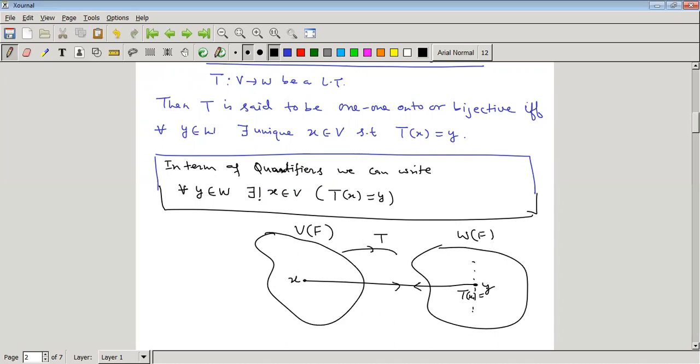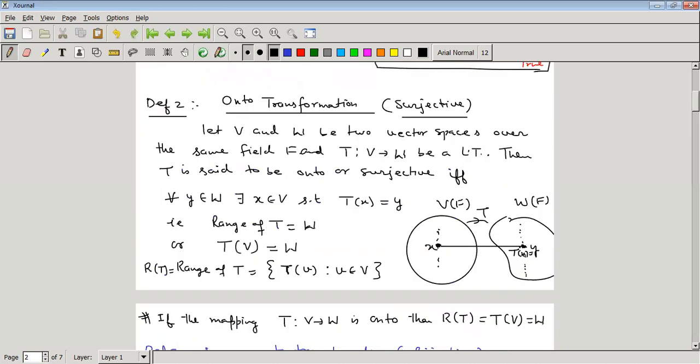For any given y in W, there exists x in V such that T of x is equal to y, and this x is unique. In the previous case, in onto, we have given any y, there exists x in V, but we are not talking about uniqueness.